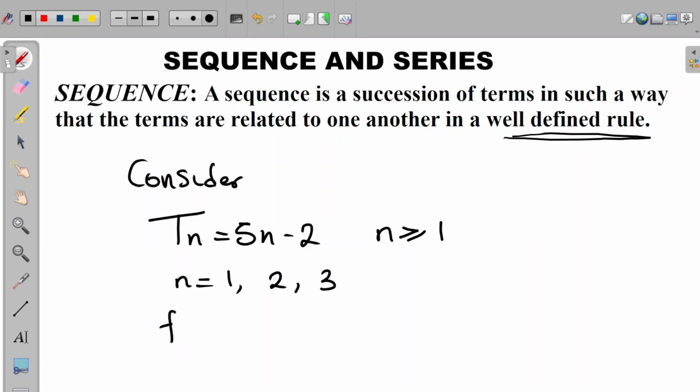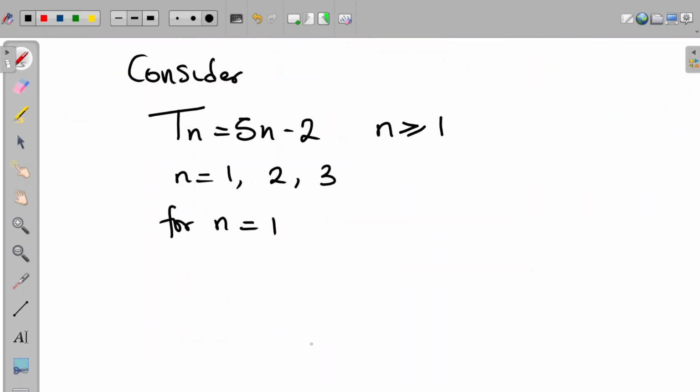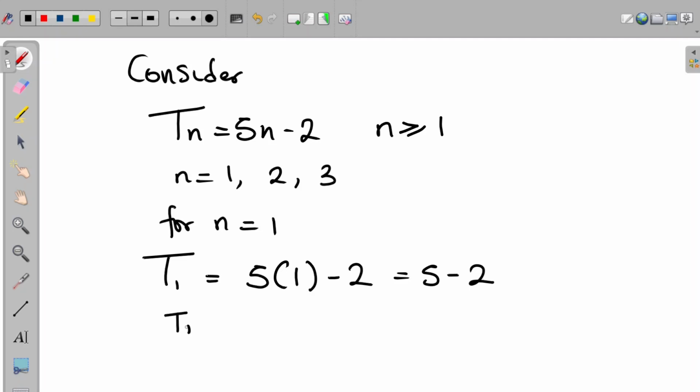For n equal to 1, we have that t subscript 1, which is the first term, is equal to 5 multiplied by 1 minus 2. 5 times 1 is 5, so we have 5 minus 2. Therefore, the first term here is equal to 3.